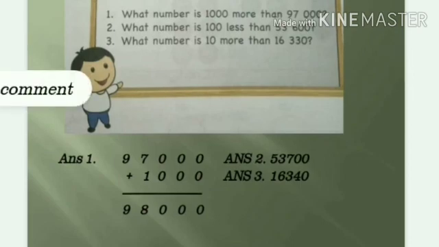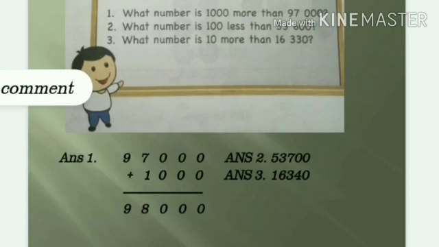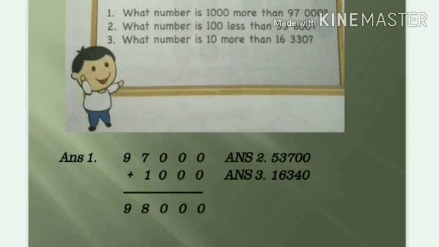You have to subtract 100 from 53,600. You will get 53,500, right? Question number 3. What number is 10 more than 16,330? Now you have to add 10 to this number. When you add 10 to 16,330, you will get 16,340.